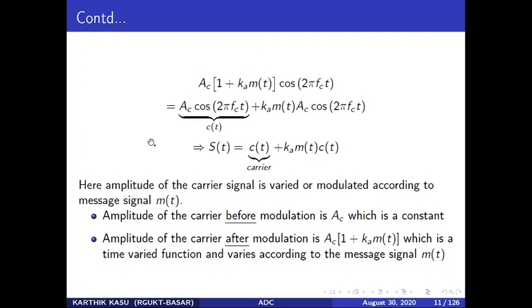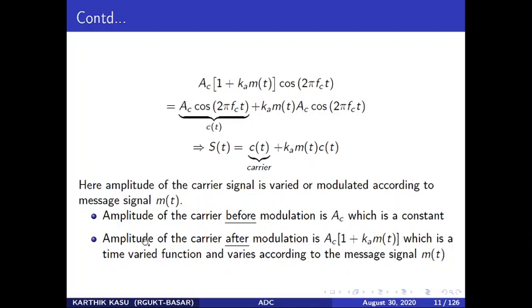Otherwise, suppose I say c of t equals 2 cos 20 pi t. What is the amplitude of the carrier? 2. What is the frequency of the carrier? 10 Hz, since 20 pi t means 10 Hz. That is the amplitude of the carrier before modulation; c of t is also known as the unmodulated carrier, as I mentioned just now. I hope you are okay with this.